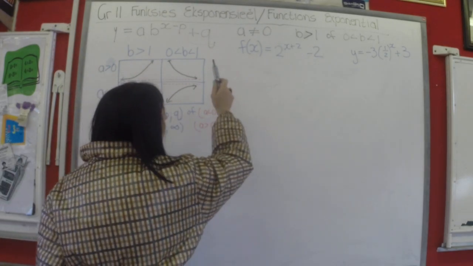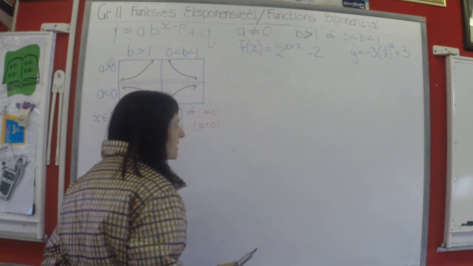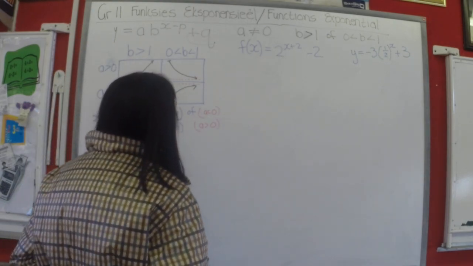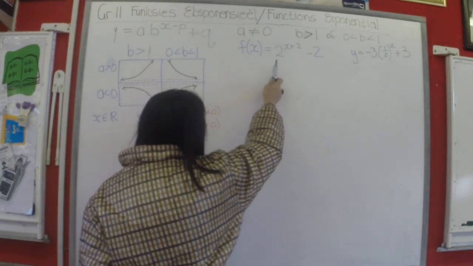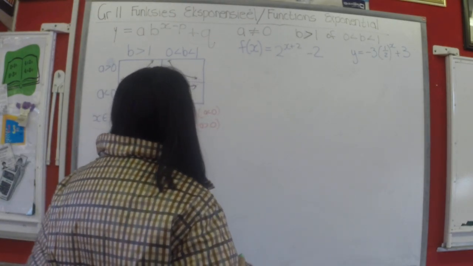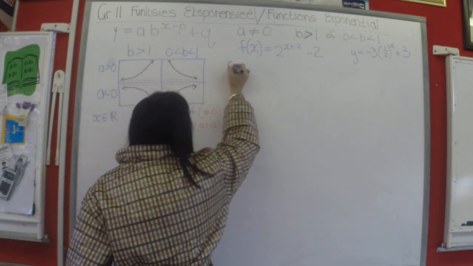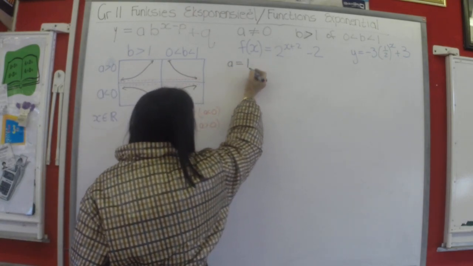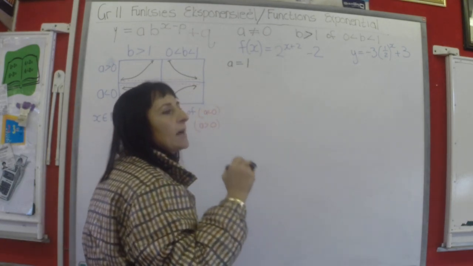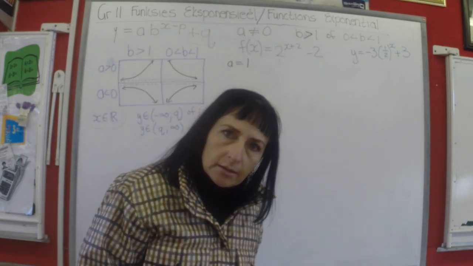Let's draw these two exponential functions, and afterwards we answer a few questions about them. The question is: draw the exponential functions. Let's quickly investigate before we start. What's the value of a over here at f(x)? Can you see it? Here it is 1. Remember, I can't multiply the 1 with the 2.